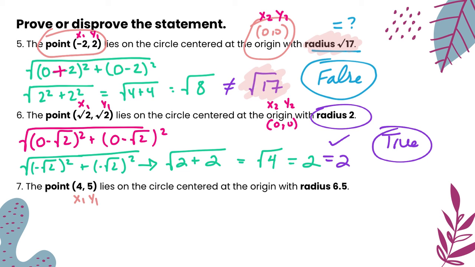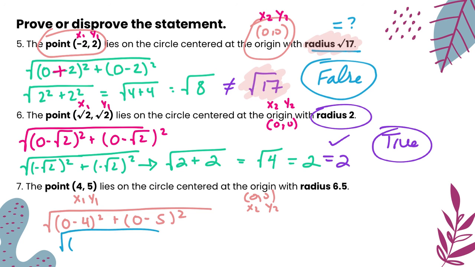Call this my x1, y1, my origin 0, 0, x2, y2. So that's going to be 0 minus 4 squared plus 0 minus 5 squared. That will give me negative 4 squared plus negative 5 squared.